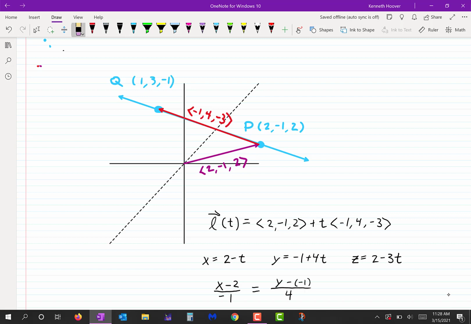Of course, we can write y plus 1 over 4 equals z minus 2 over -3. So that's three different ways of describing that line. A vector equation, 3 parametric equations, or 3 symmetric equations.